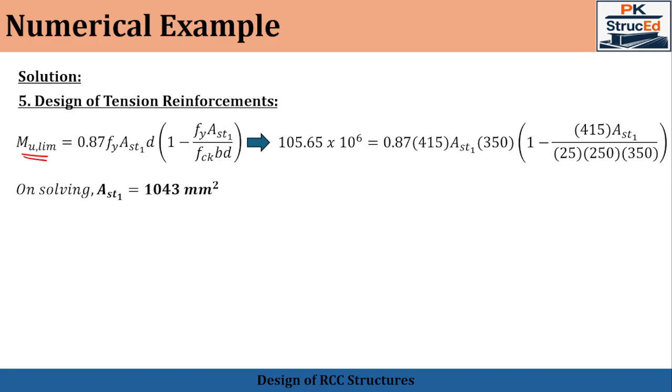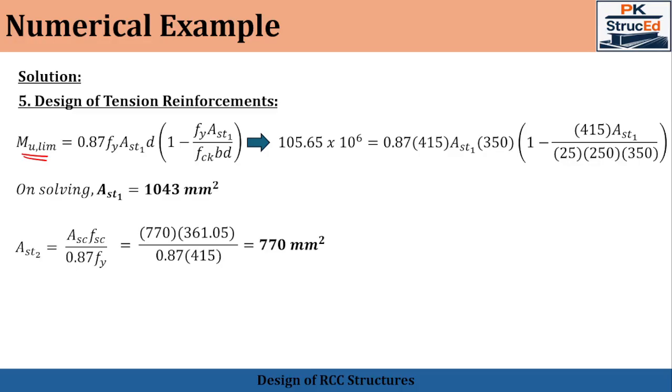Next, the area of the tension steel that is required to counteract the compression steel is to be calculated, that is AST2, which will be calculated using the relation ASC FSC divided by 0.87 Fy. All the values are known. Just substitute. We will get the value of AST2 as 770 mm square.